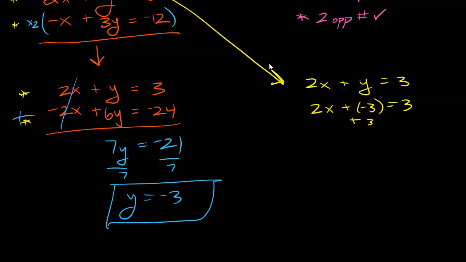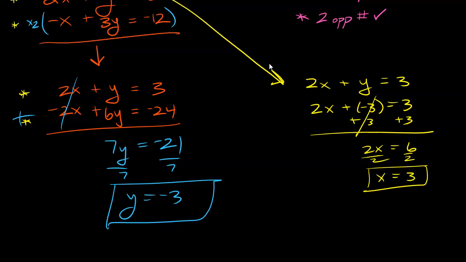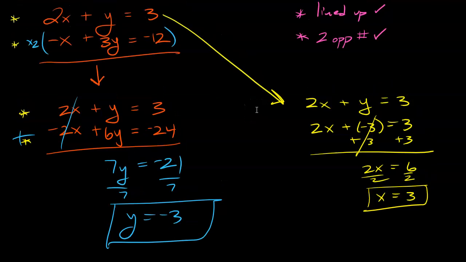Add 3 to both sides. Cancels. 6. Basically, this is just a copy-paste of the one directly above it now. But we have both answers. So this one was just considered a step harder than the one we just did, only because you're multiplying by a regular number rather than a negative sign.